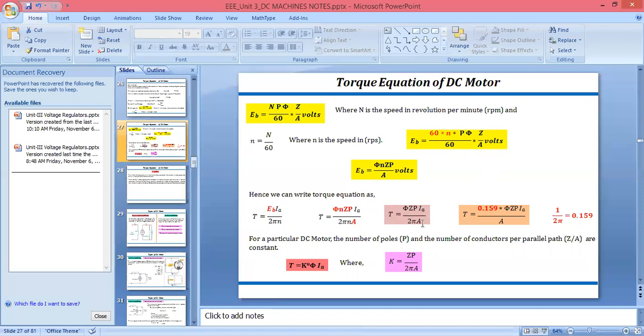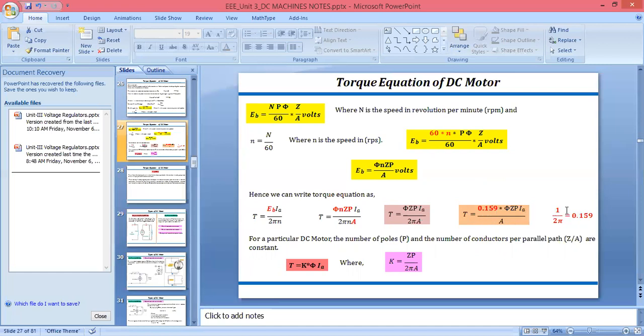You will need this equation to solve numericals, which will be asked in the exam. And 1 upon 2 pi is 0.159, so you can take it as it is, T equal to 0.159 into phi Z P IA upon A. I have written the direct value of 1 upon 2 pi.